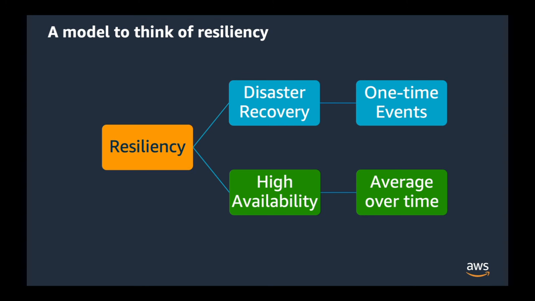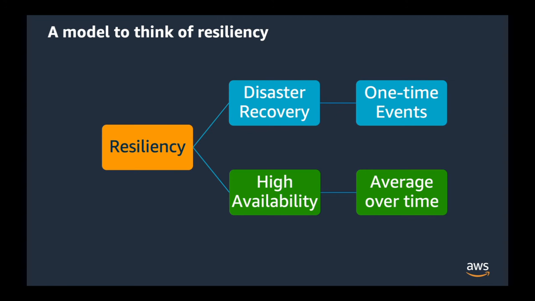When we think about resiliency, it's helpful to have a mental model like what you're seeing here so that you can distinguish between DR and HA. They are not completely separate. We know that the time spent down due to a disaster is an impact on overall availability. But the fact is that disaster recovery is an important part of your resiliency strategy, and it's your approach to restoring services when disaster strikes.